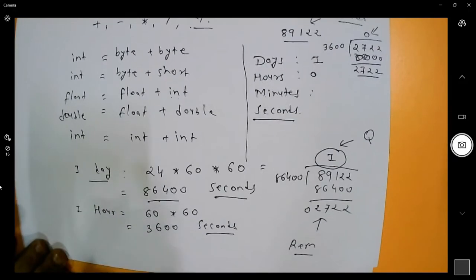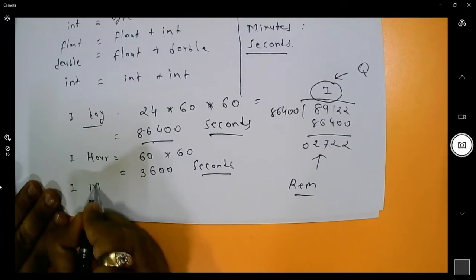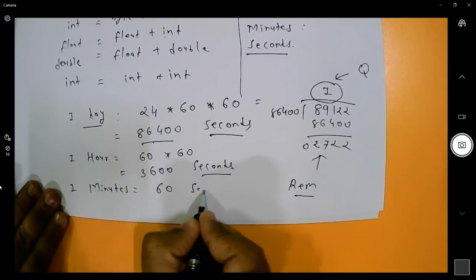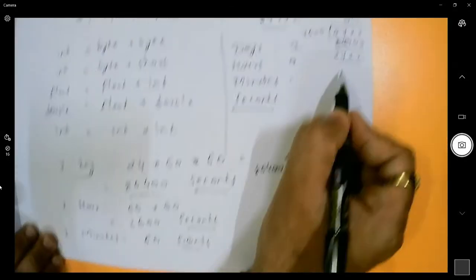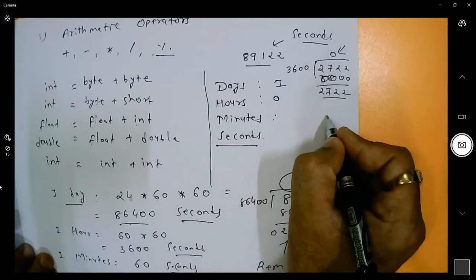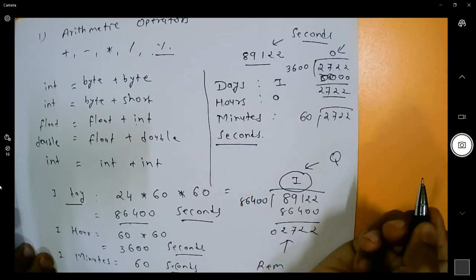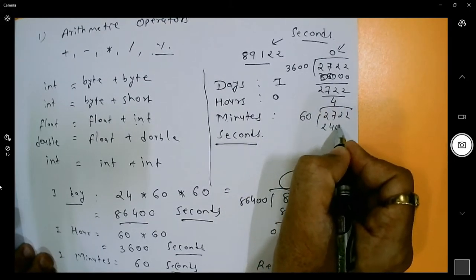Very simple. In 1 minute, how many seconds are there? In 1 minute there are 60 seconds. So you can divide this particular value, 2722, by 60. Whenever you write like this, you will get 60 into 4, that will be 240.